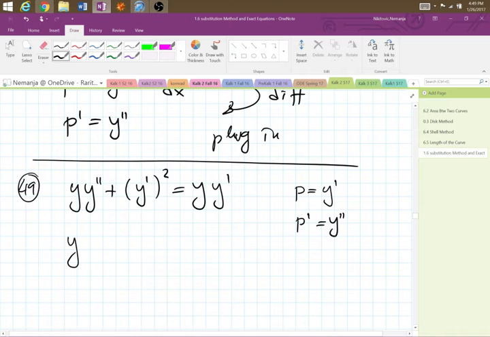Then you have y p prime plus p squared is equal to y p. So your equation now became first order, no more second derivative. So that's what I mean by reducing the order. You reduce the order by doing that.